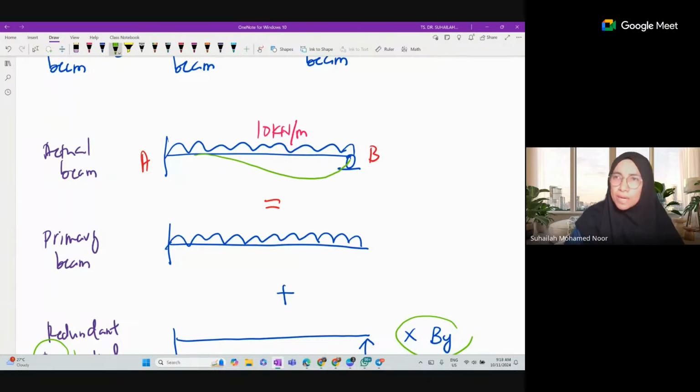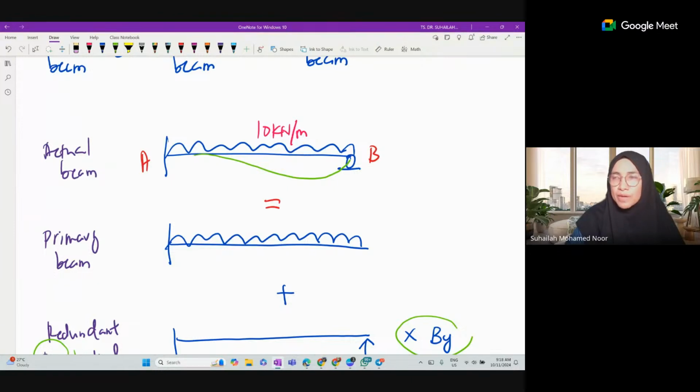Because at the fixed support, no displacement, no rotation, no vertical displacement, no horizontal displacement. So when we draw the deflected shape, it cannot start from this, right? You learn about the effective length under buckling, so we apply that here. So this is the deflected shape for the actual beam.